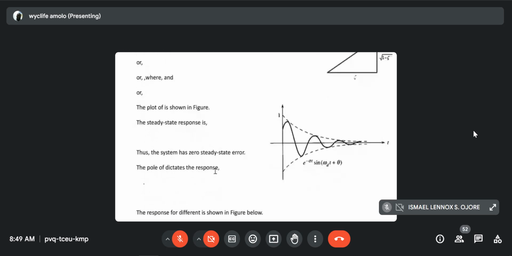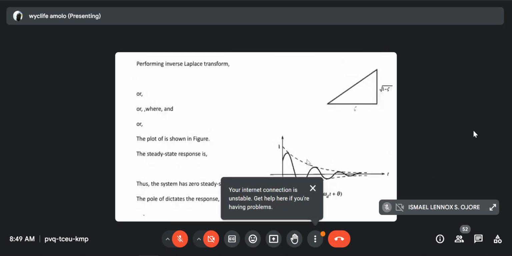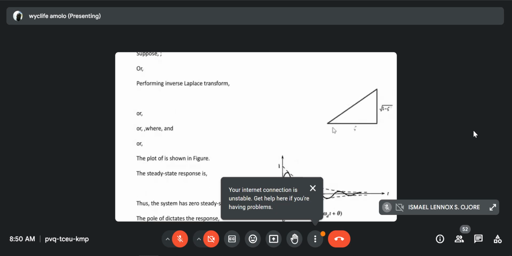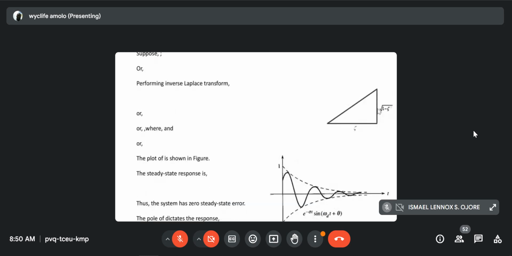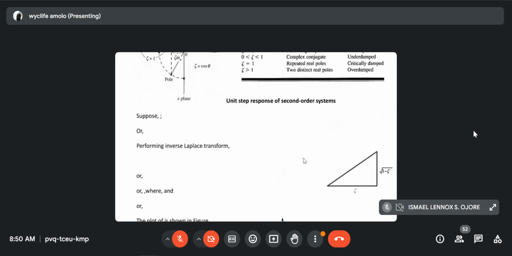So this is some of the things I was talking about. If you draw a right-angle triangle, this is the sine side, the cosine side, and you can use this formula. So the cosine of this angle theta is this value, and the sine of this theta is the square root of 1 minus that squared.